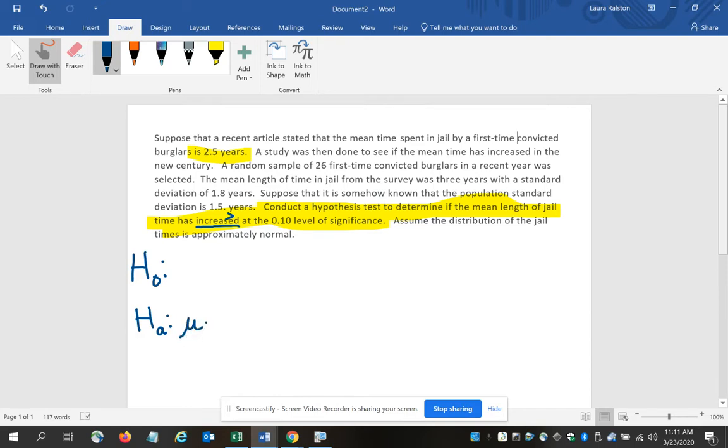We would say the mean is greater than 2.5 years. I'm going to mark this OC as the original claim, because that's the one given in the problem. Then the null is the mean is less than or equal to 2.5. Remember, the null hypothesis and the alternative hypothesis are exact opposites of each other.